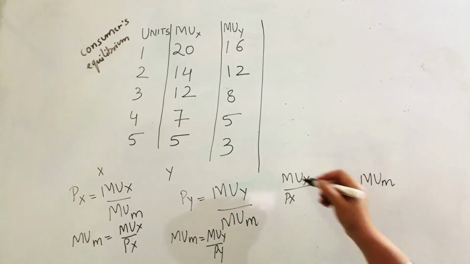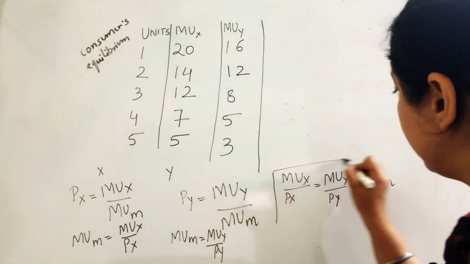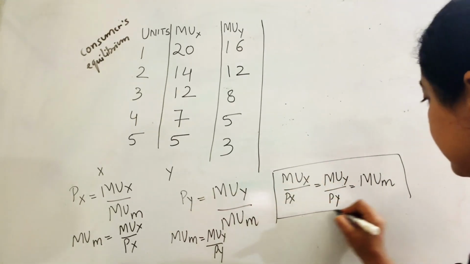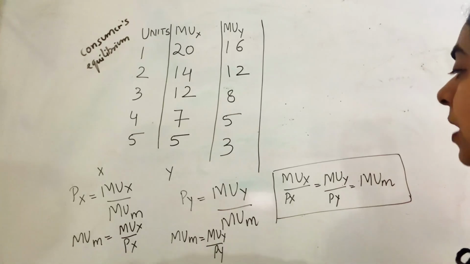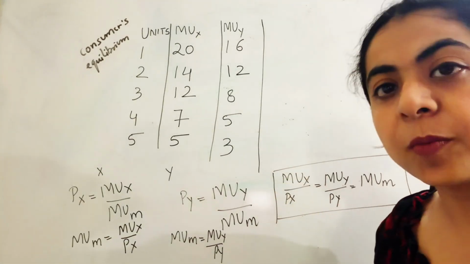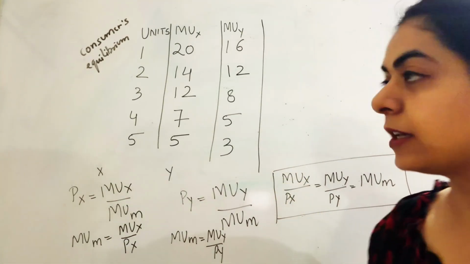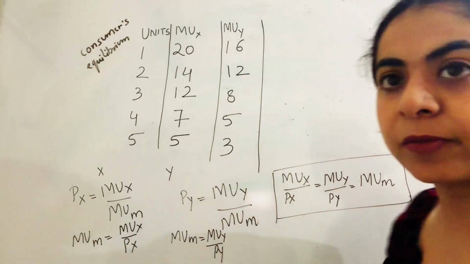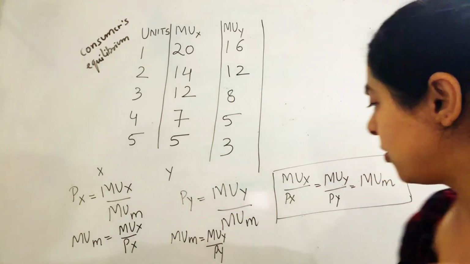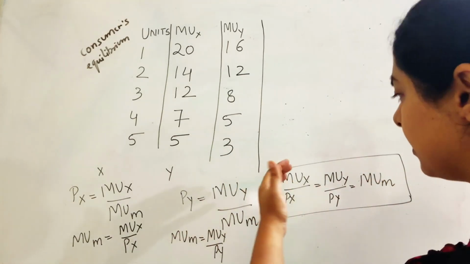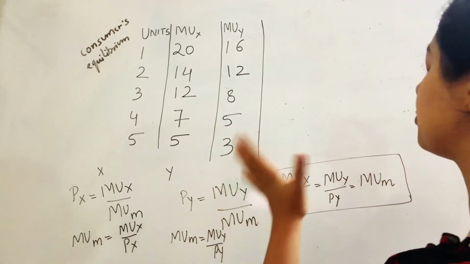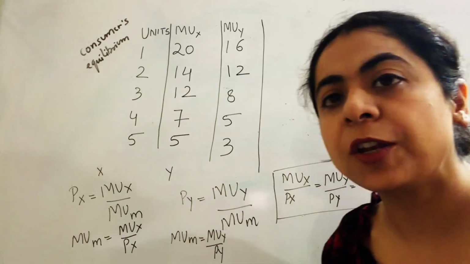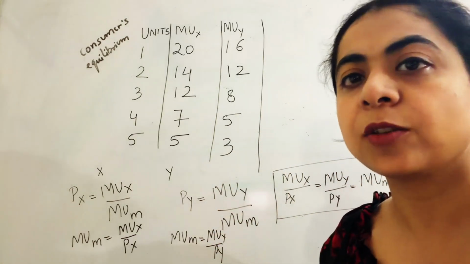So in this two commodity case, the condition for equilibrium is that the ratio of marginal utility of X upon price should be equal for both the goods. If the consumer is consuming two goods X and Y, the ratio of marginal utility upon Px for one good should be exactly equal to the ratio of marginal utility of the other good upon price of the other good.